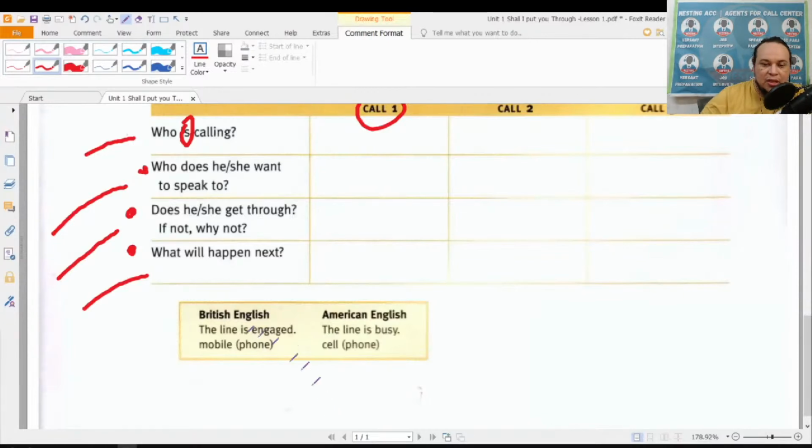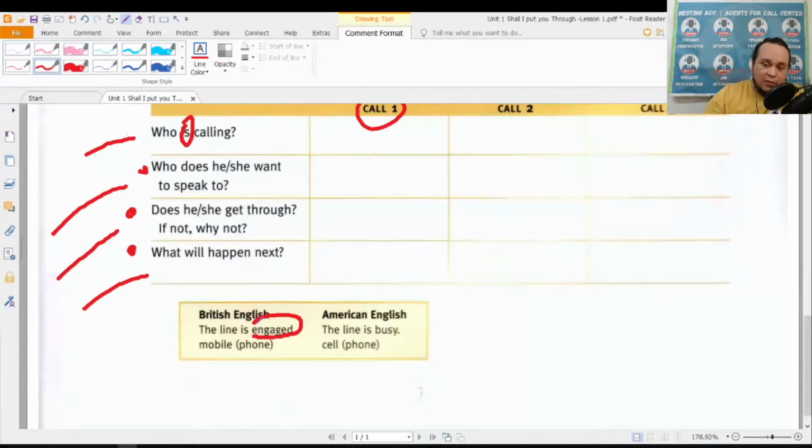That's the pronunciation. Like when you engage with somebody, they use that word engaged. Okay, the line is engaged.